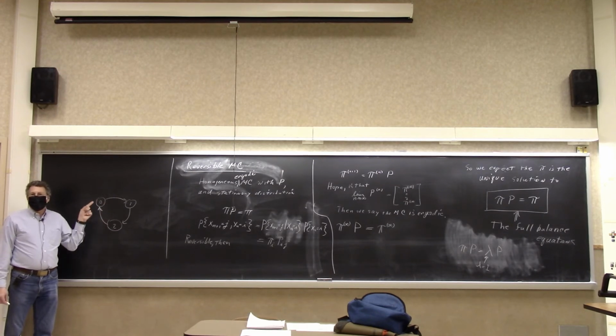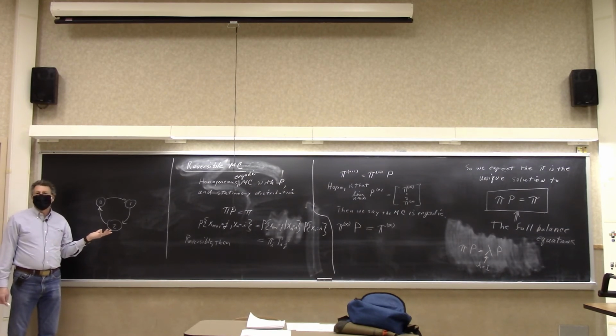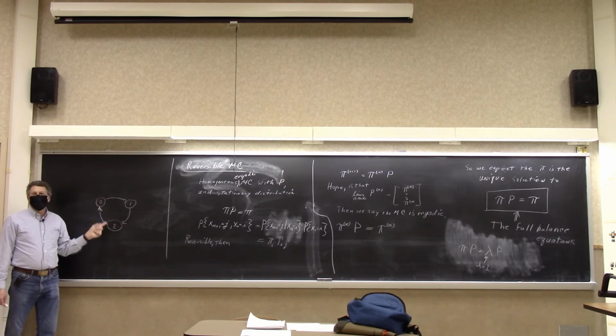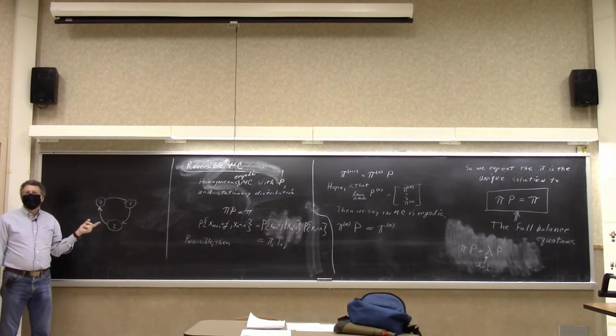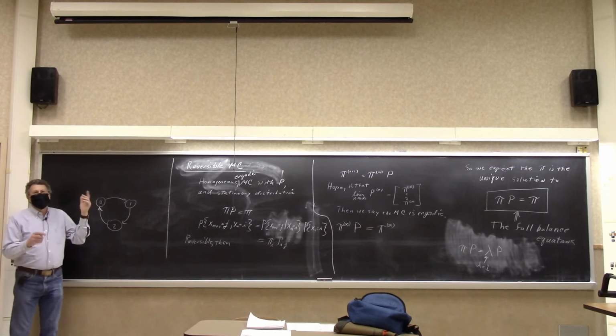Is this periodic or aperiodic? It's periodic. What's the period? 1, 2, 3. 1, 2, 3. It's like a waltz. So what's the period? 3, because it's 1, 2, 3, 1, 2, 3, 1, 2, 3.